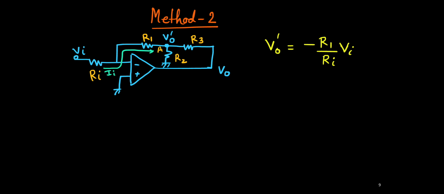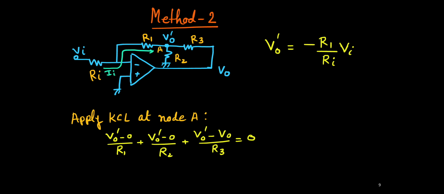So this is V0 prime. Now once V0 prime is obtained, we can find out V0. What we'll do? We'll apply KCL at node A. We'll consider this is node A. Its node potential is V0 prime. So if you apply KCL at this node, what equation will you get?